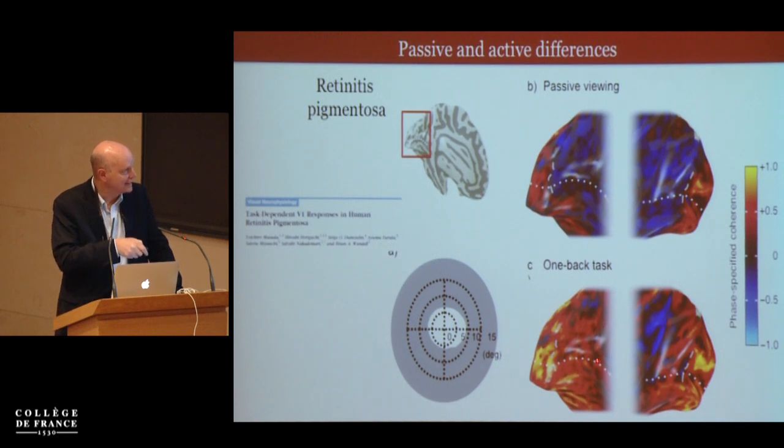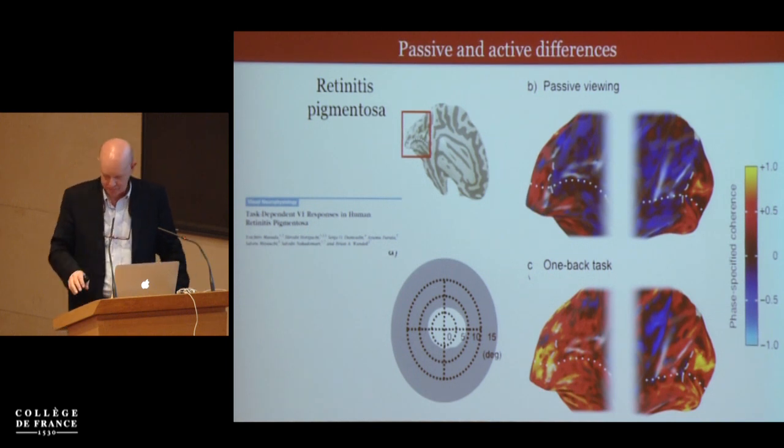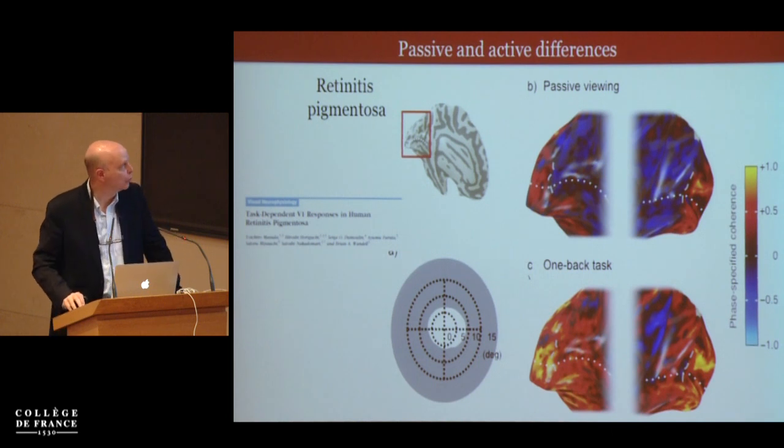When you do the one-back task, all the stuff that's deprived of a feed-forward projection does respond in the JMD. There's no effect. Nothing shows up there in the controls.